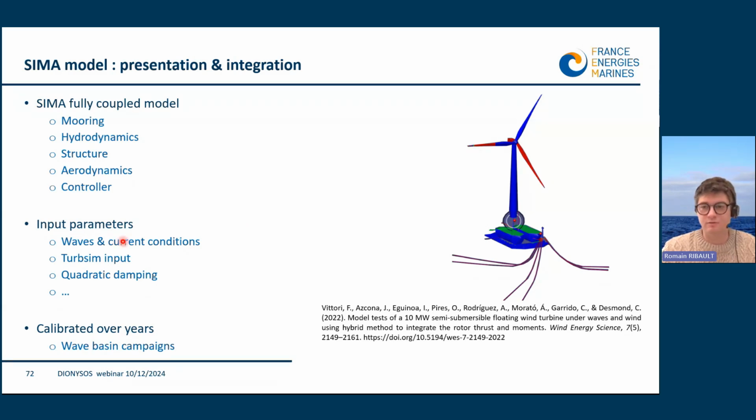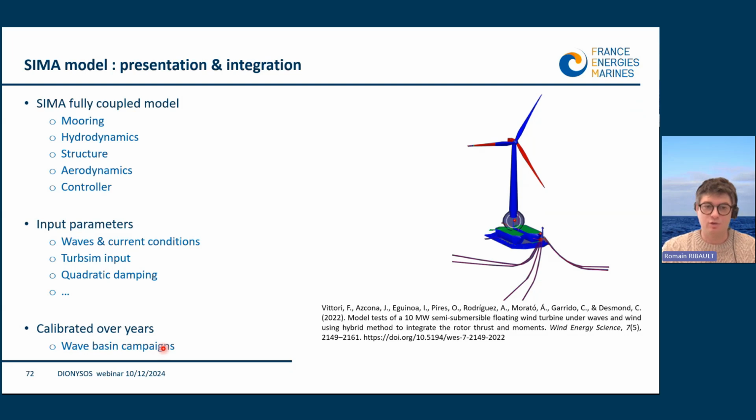And then for each simulation we run, we need to input some wave and current condition. We input as well a wind field. And for each sea state, we can tune some quadratic damping coefficient for additional Morrison element to complement the potential theory.